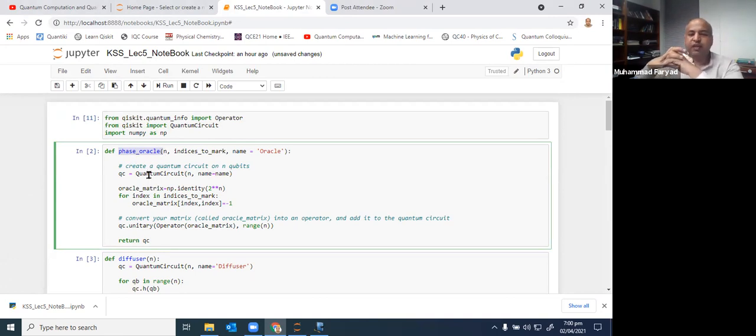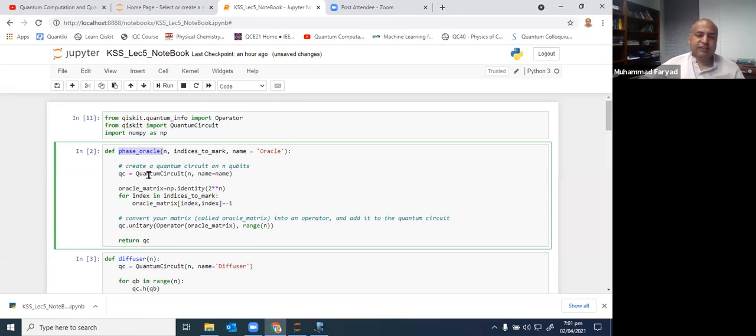And I'm now introducing in this notebook another way of thinking about quantum algorithms, and that is that you can put different parts of an algorithm into functions, and then when you call those functions in your main algorithm, you can reduce clutter. You can group different parts of a circuit into one box, and you can label the box yourself as well.